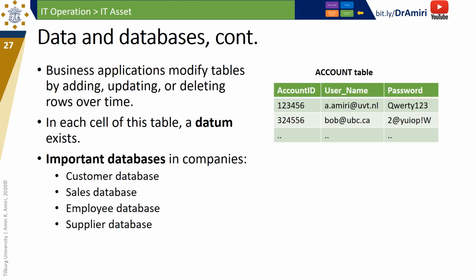Then after a while, Bob from UBC in Vancouver will register at Netflix, and then you will see a new username and password is added. So after a while, over time, you will see that tables are growing. Of course, these usernames and passwords can be updated or a row can be deleted as well. In each cell of these tables, we have a datum.